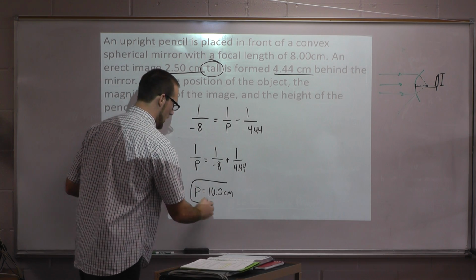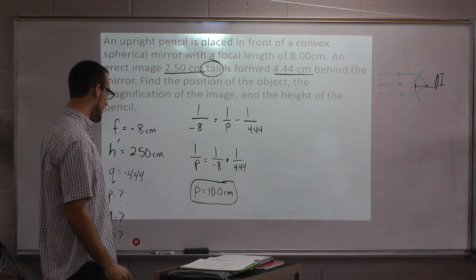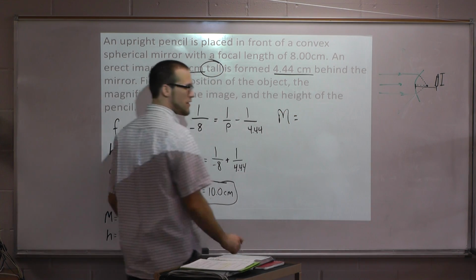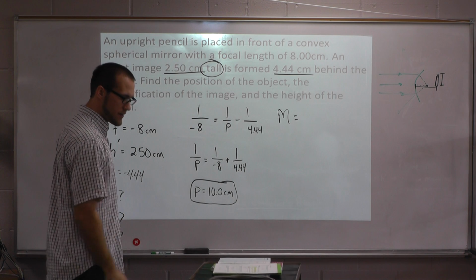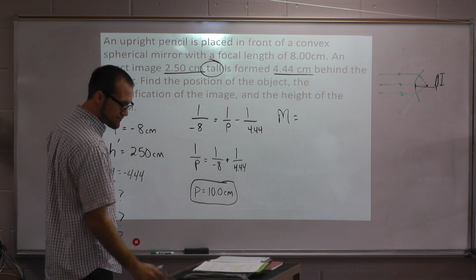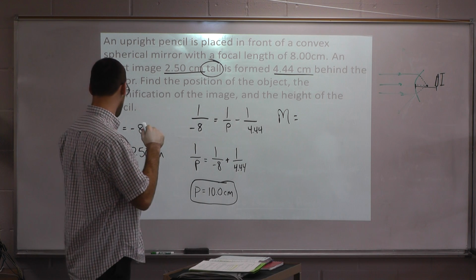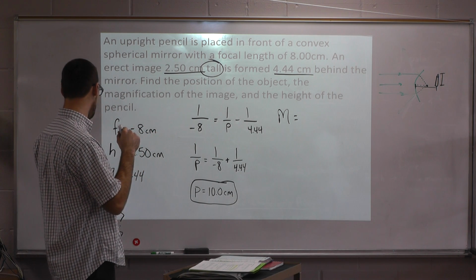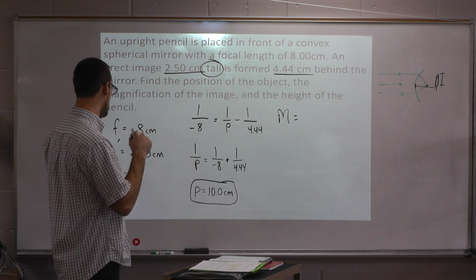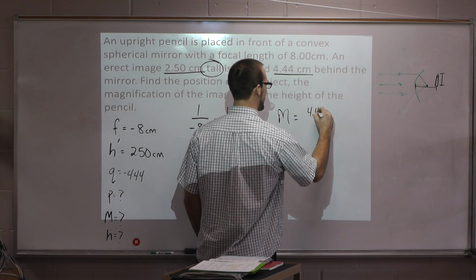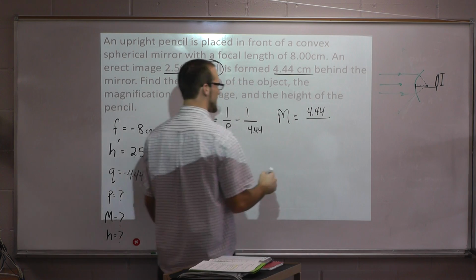Okay, hold on. That gives us P. Magnification is negative Q over P, so 2 over 10. The negatives are going to cancel out.